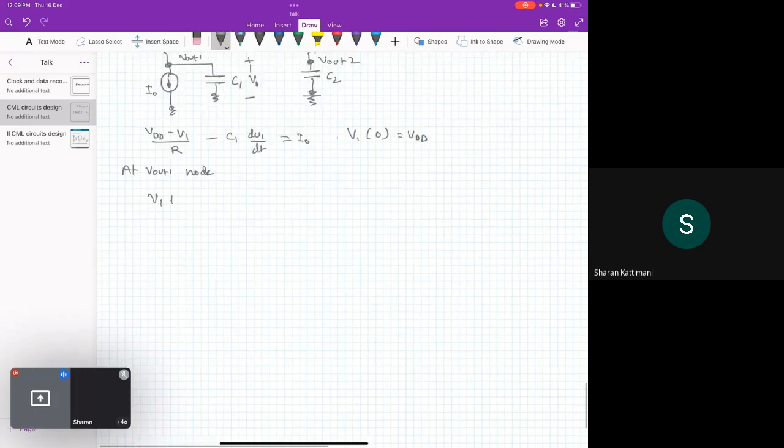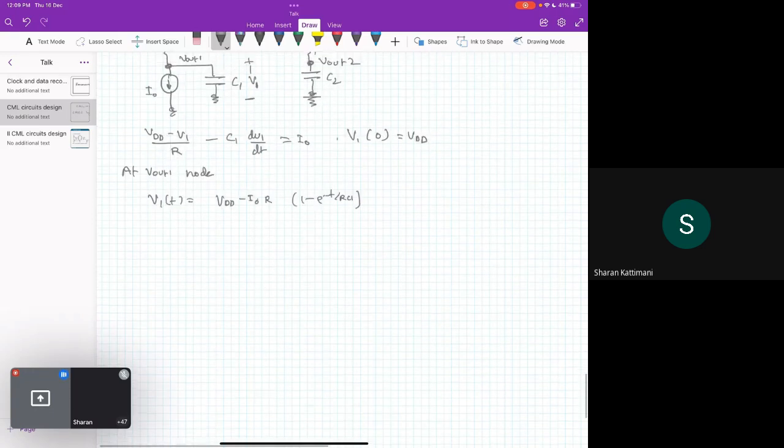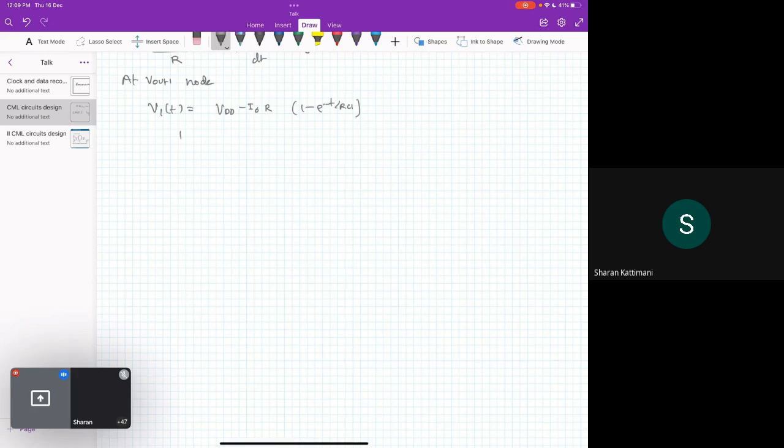So V1(t) is VDD minus I0R times (1 minus e to the power minus t upon RC1). So all this thing is simple circuitry. So I think rather than solving this, let me directly make it more intuitive in terms of waveform.